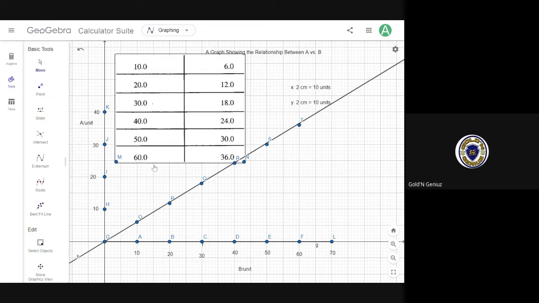From the instruction, this column represents the A values and this column the B values. I'm trying not to get it confused. All right, so it was this A versus B. Now, these are the x-axis values, these are the y-axis values.